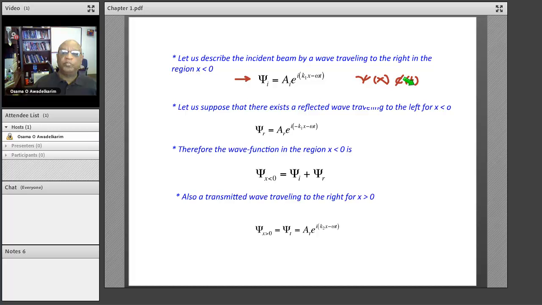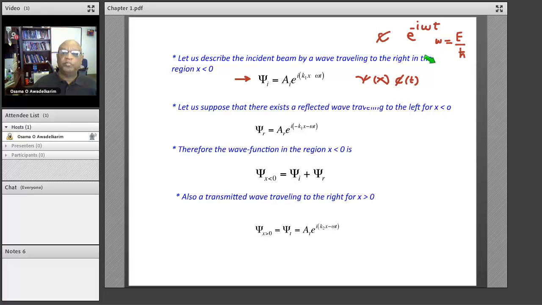Now, phi of t, we know that it goes like e to the minus i omega t, where omega is the energy E over h bar, right? So that's what we have.